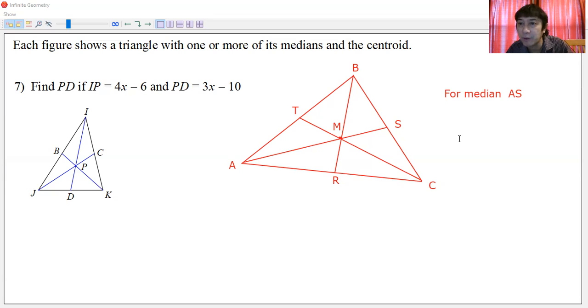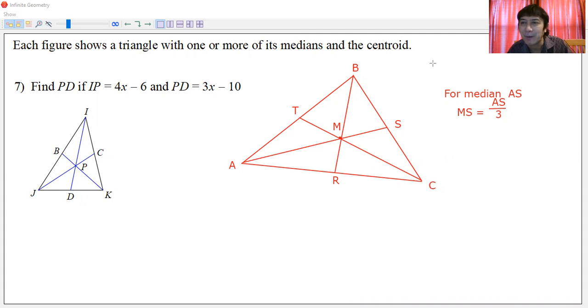So the MS there, the shorter segment of AS, is 1/3 of AS. That means the entire length of the median AS, you divide it by 3, that is the shorter segment MS.